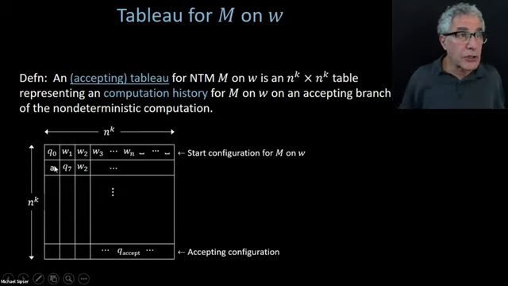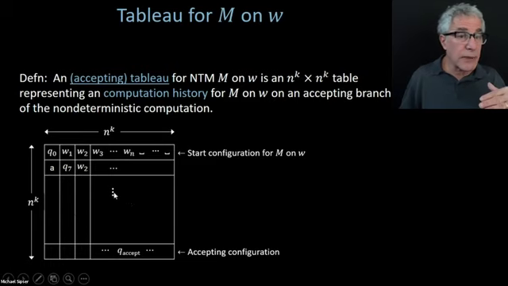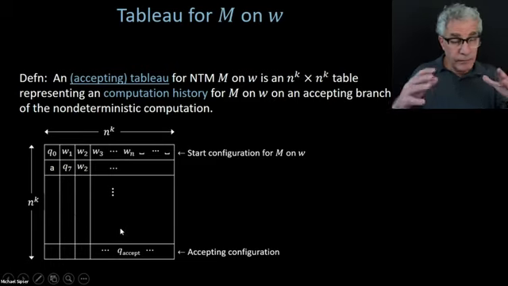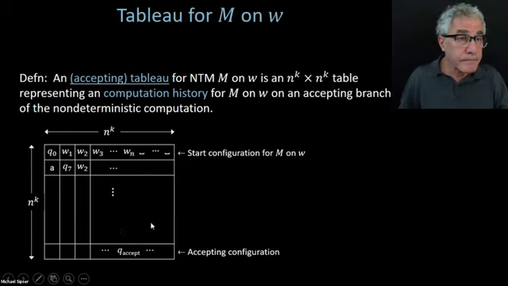Even if the machine sends its head moving to the right as fast as it possibly can, it's never going to go outside this box if it only runs for n to the k steps. So this is going to be big enough to represent the entire computation of M, assuming it's running for n to the k time, and the input W is of length n.